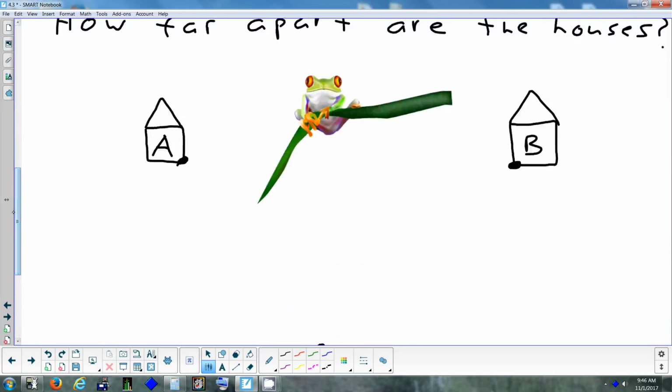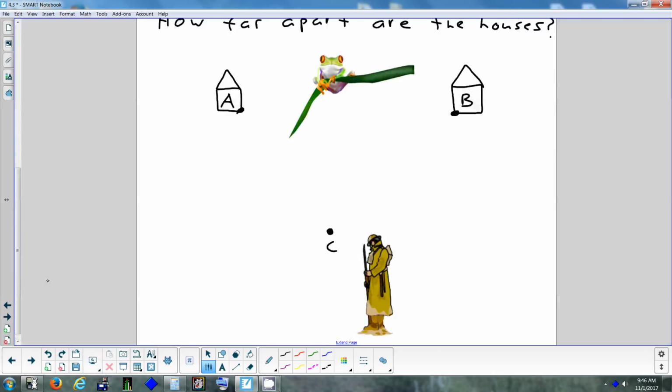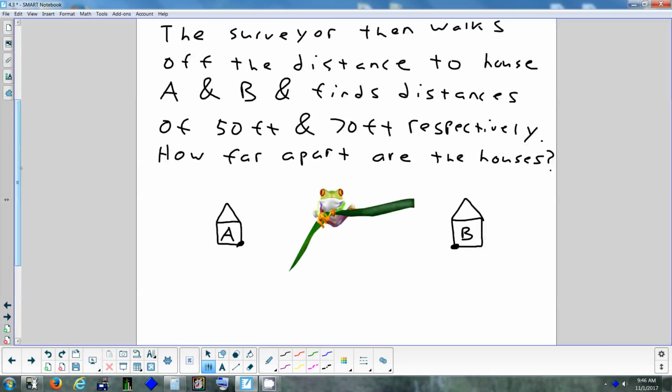All right. So basically, we've got our triangle. Okay, I'm going to fill in that information between AB and the surveyor. Okay, so that is what we want to know. Call it X. The distance, what does it say?